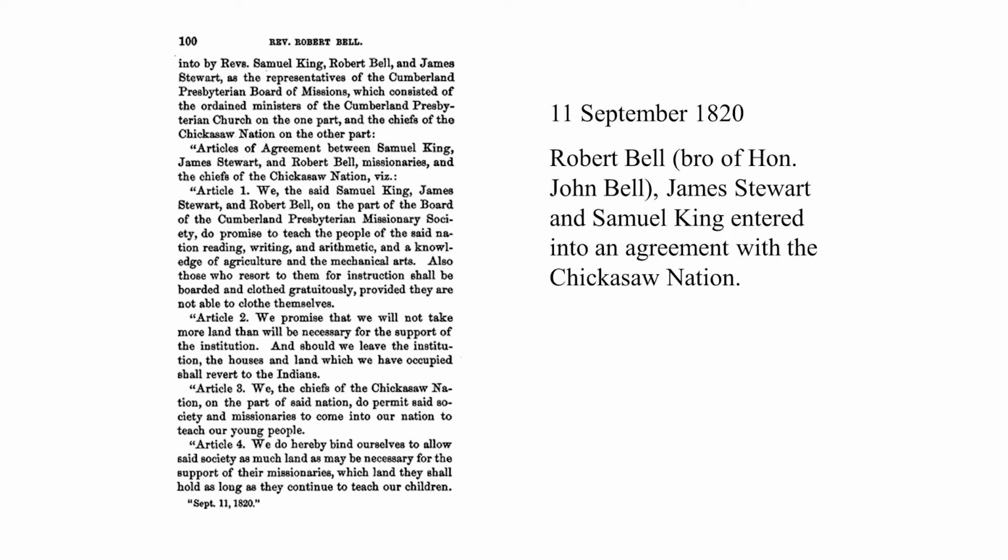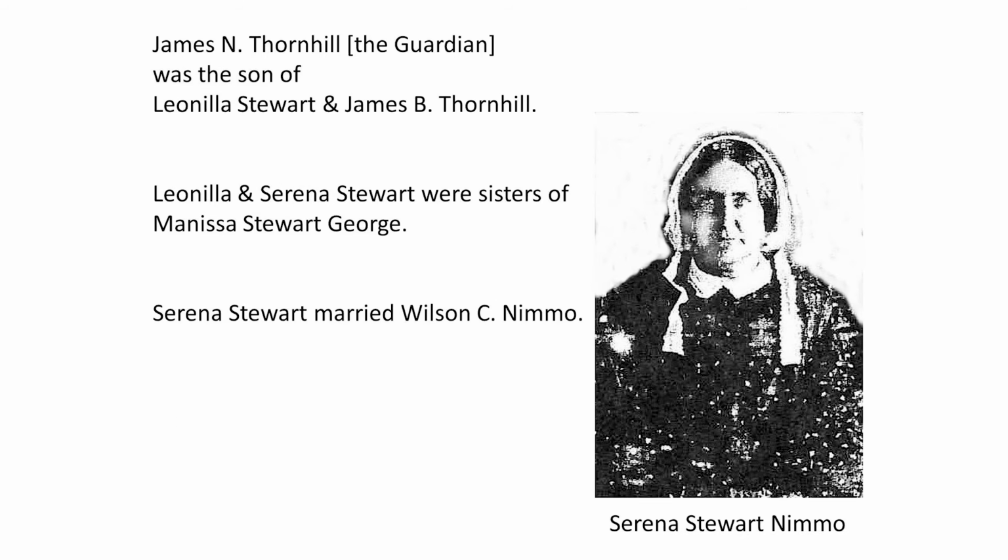So even looking at that, expanding the information, our history is not standing on one person. Once we start, we just keep moving, and there's more and more information. This is a picture of her sister, Serena Nimmo. I can't find a picture of her. Pictures at the time are not pleasant.